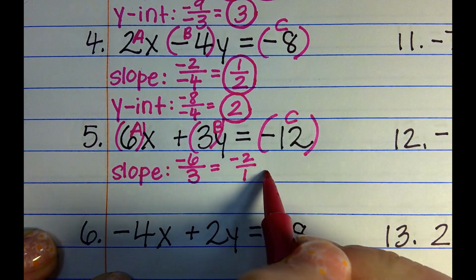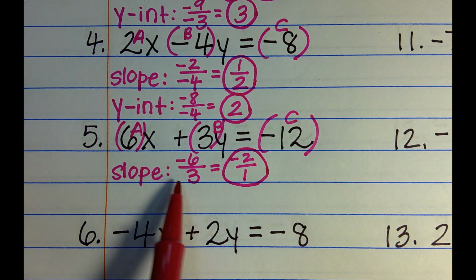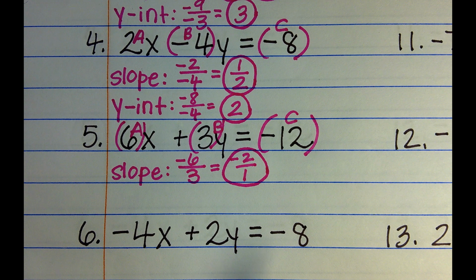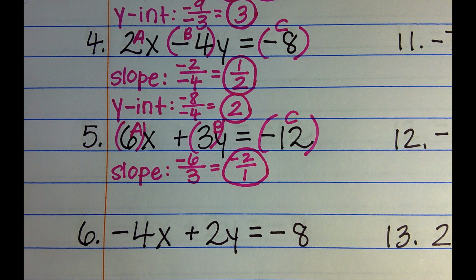Both are correct. Now, if you kept it at -6 over +3, that's also correct. It's just not simplified. So you'll still have the right graph later on. Your points will just be further away from each other. It'll just be a little bit more spread out.